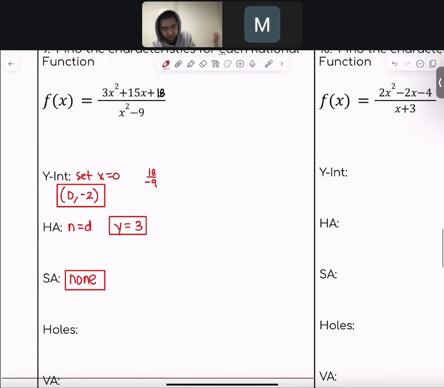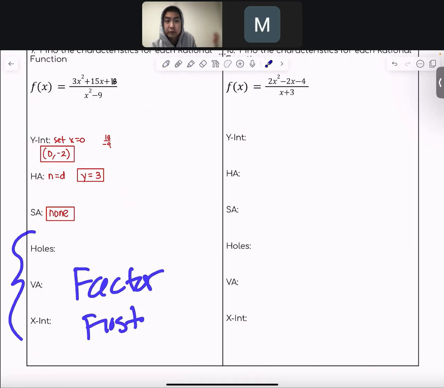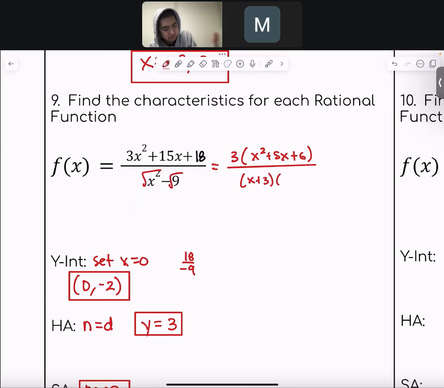Okay, now let's get into this. Remember, these you need to factor first in order to see these ones, right? So let's factor. So GCF, you could divide all of these by 3. If you factor out a 3, you get x squared plus 5x plus 6 all over, and this is difference of squares factoring, so that's x plus 3 and x minus 3.